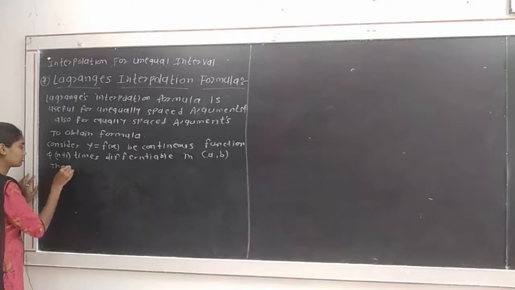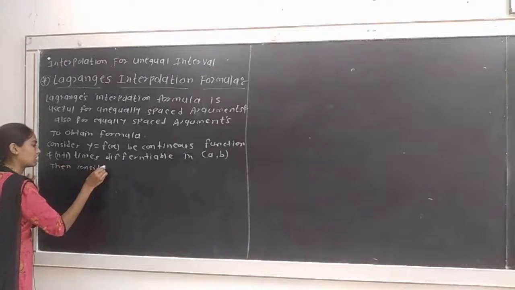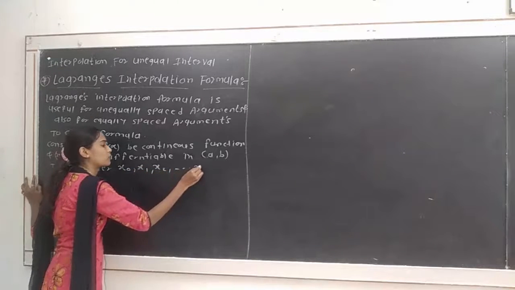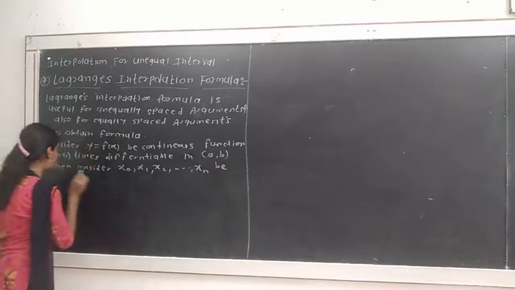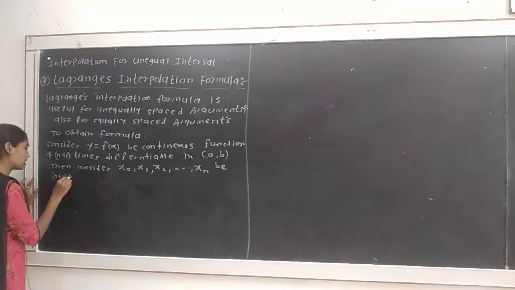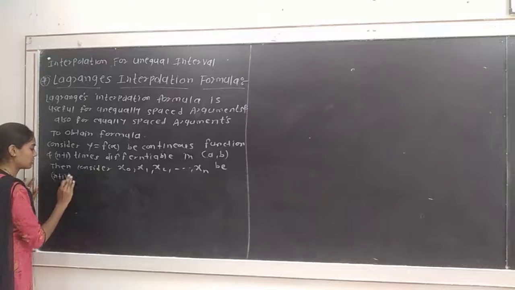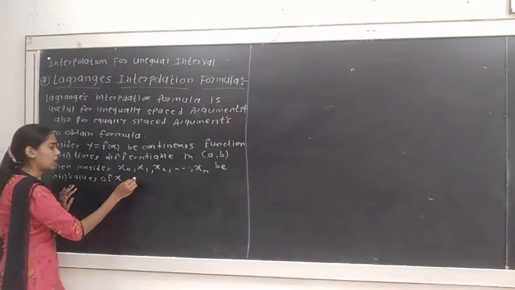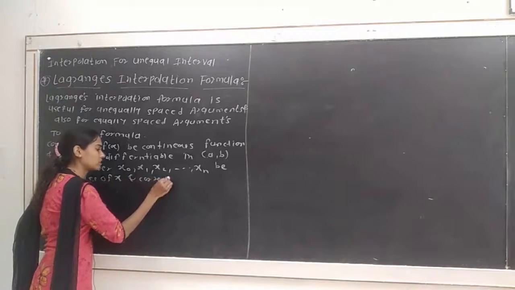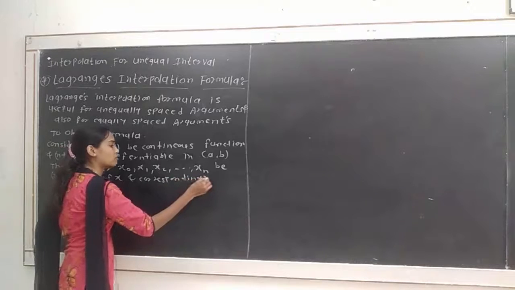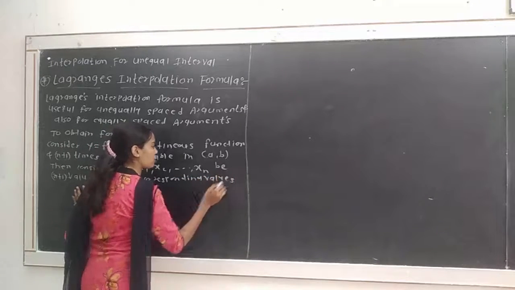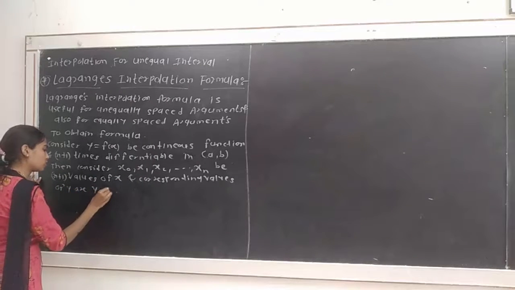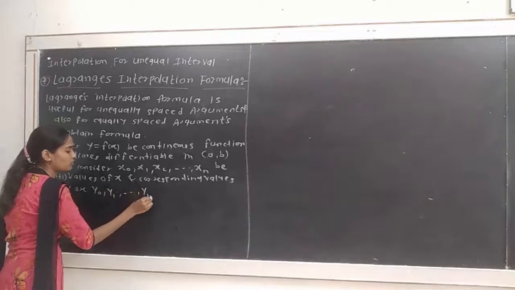Then consider x0, x1, x2 up to xn be n plus 1 values of x, and the corresponding values of y are y0, y1 up to yn.